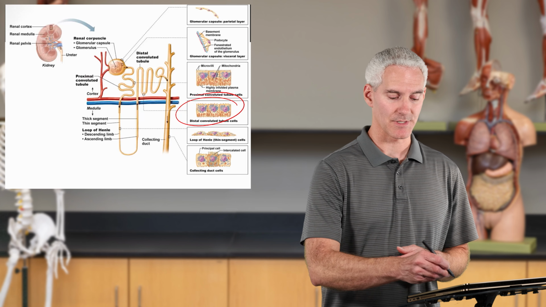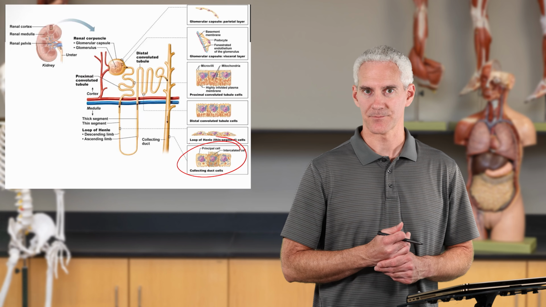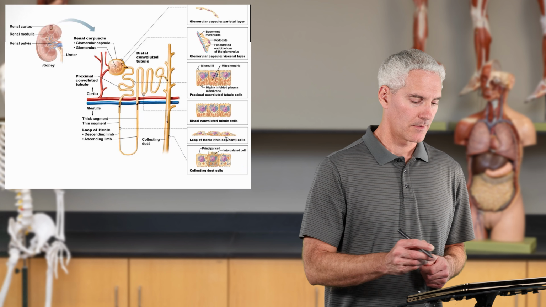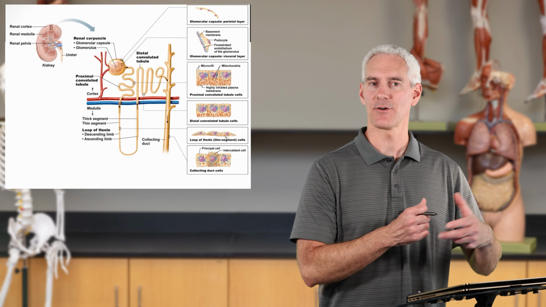We've decreased the numbers. And then the collecting ducts, you have two different types of cells here. You have the principal and the intercalated. So looking at some of the histology of the nephron as well as the nephron structure itself, the structural components, and a little bit about what they're doing. We definitely need to talk more about the physiology of how this all works though.